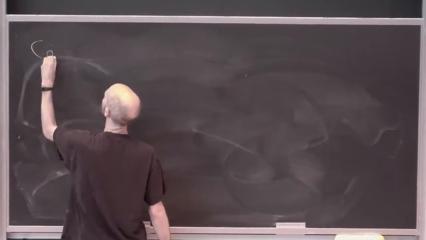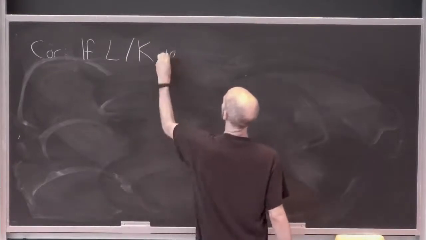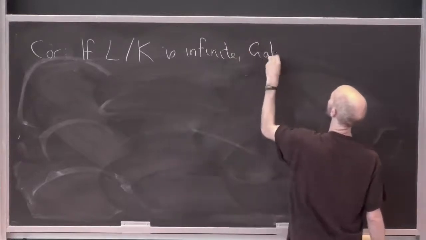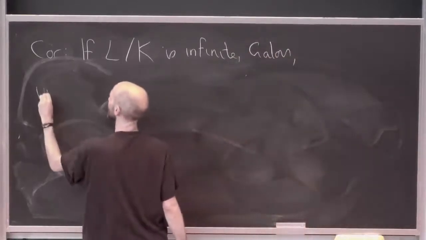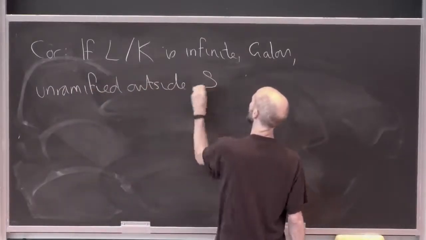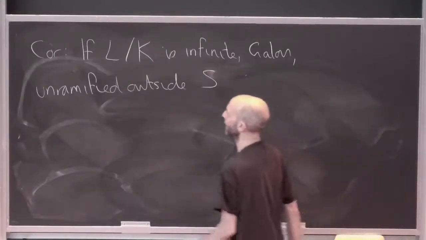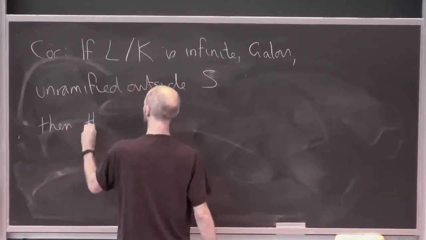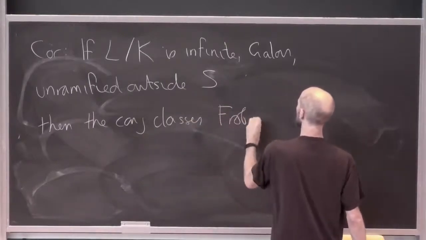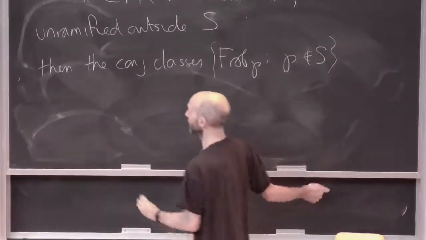So as a corollary, if L over K is infinite Galois, and it's unramified outside S, with S the usual thing, a finite set of finite primes of K, then the conjugacy classes Frob_P for P not in S are a dense subset.